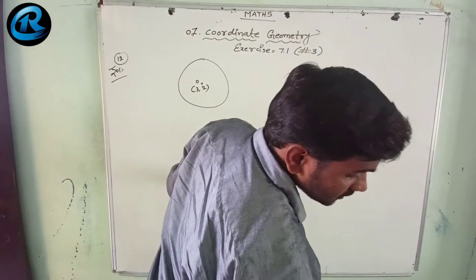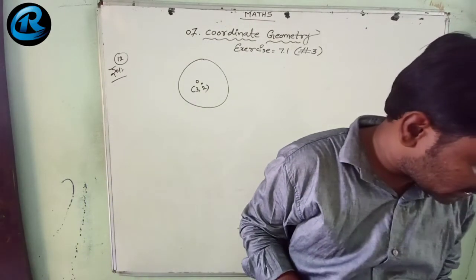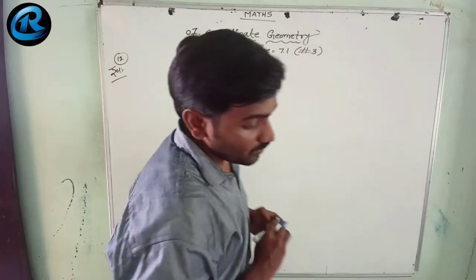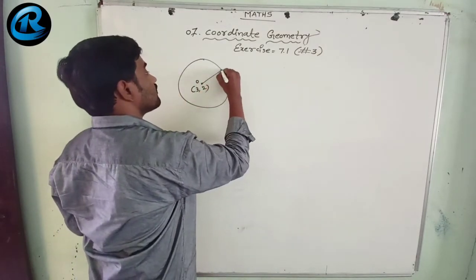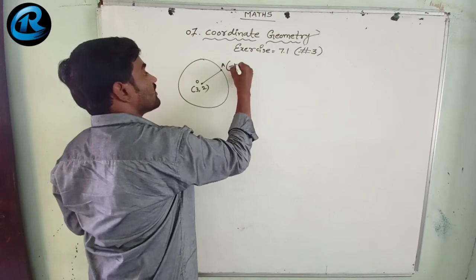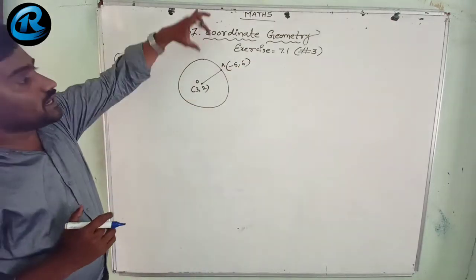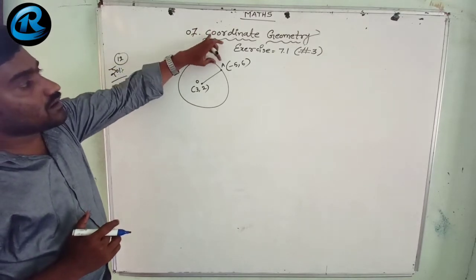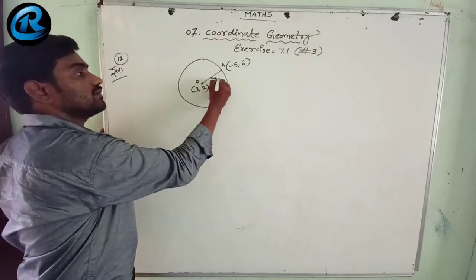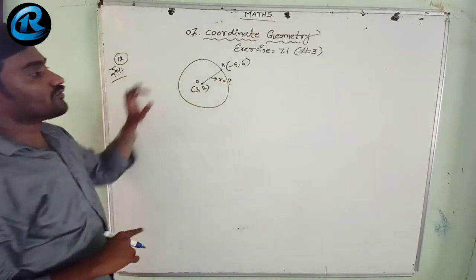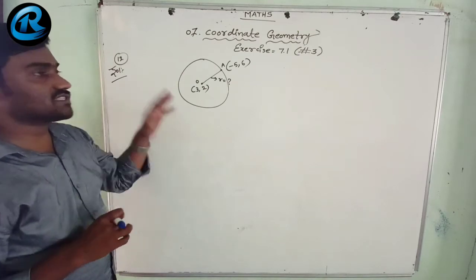Then it passes through the point, suppose it is A, minus 5, 6. Now this is the radius we need to find out. So if you find out the distance OA, that becomes the radius of this circle.